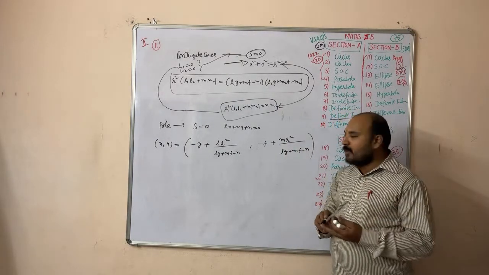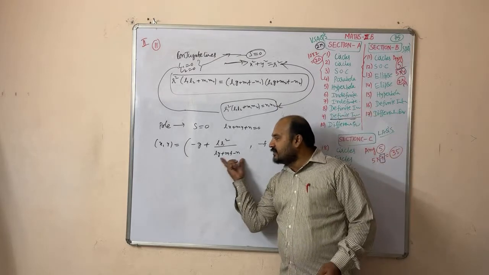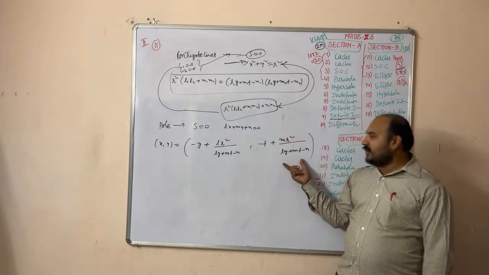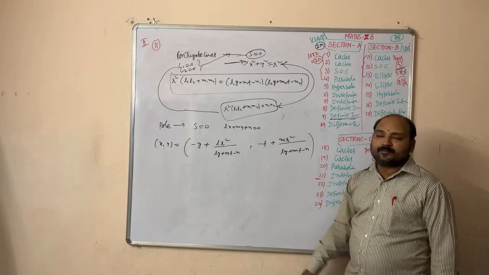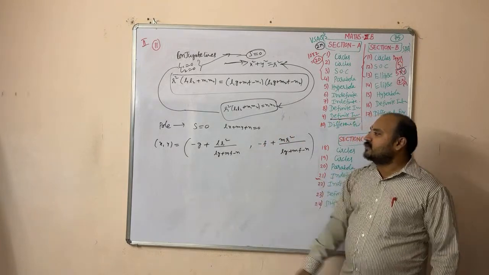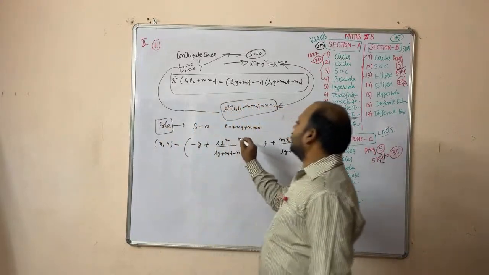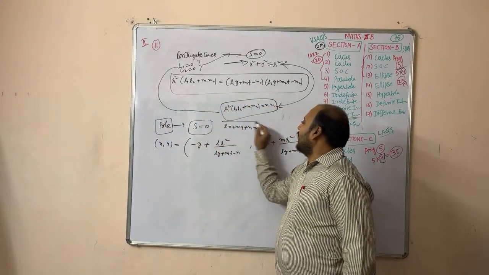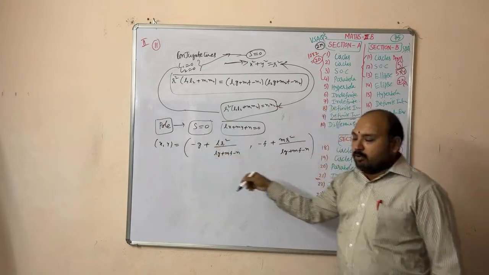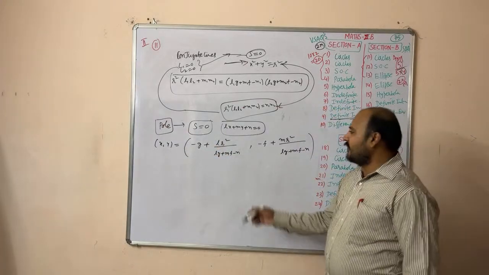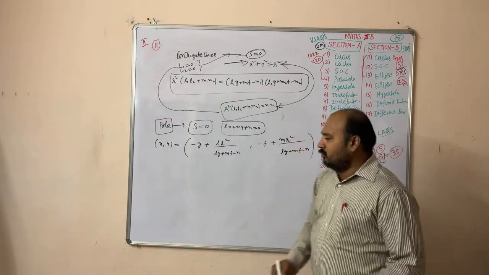Dear students, remember the denominator is the same for the x coordinate and the y coordinate. Keep in mind, dear students, the pole of the line with respect to the circle. When a circle and a line are given and they ask to find the pole, this is the way you can calculate.